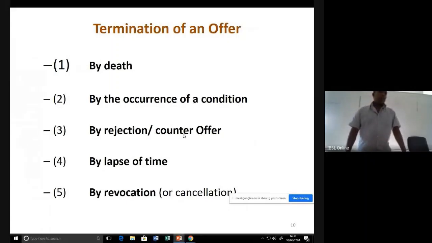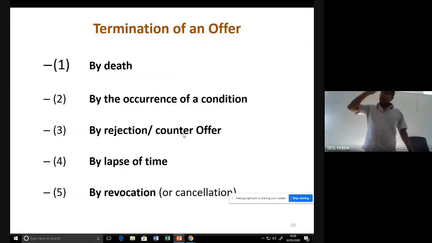Termination of an offer. Now we are still in the first part, the first element, that is agreement. Under the agreement there are 2 parts, offer and acceptance. The first part we are still discussing is the offer.